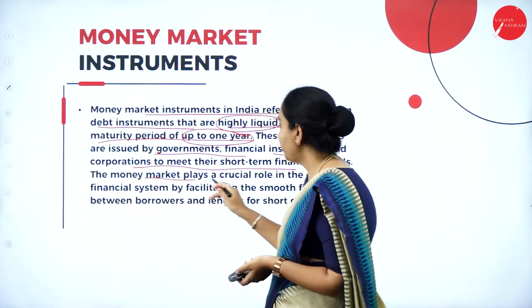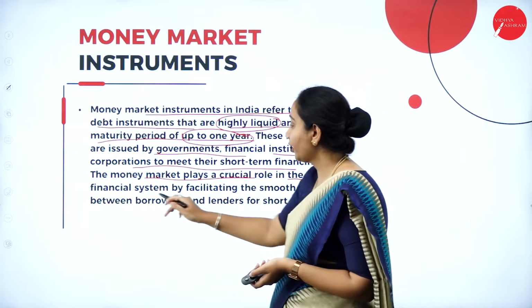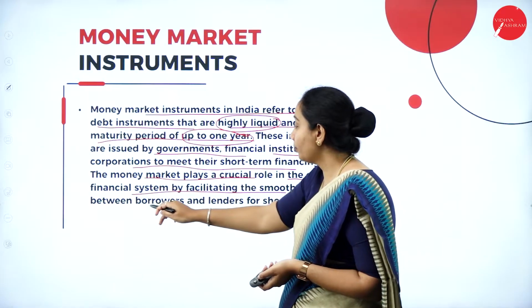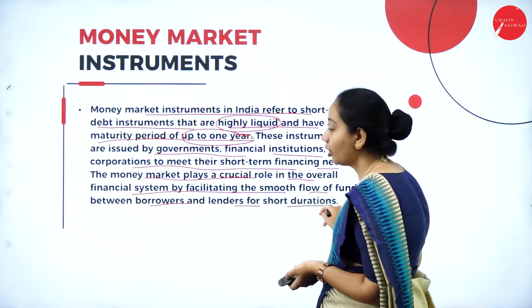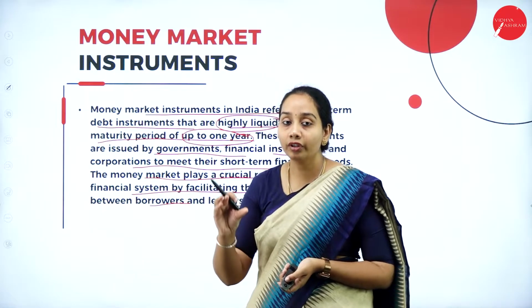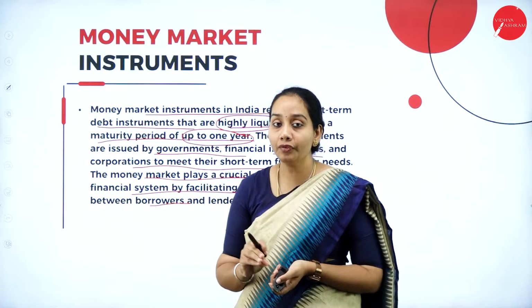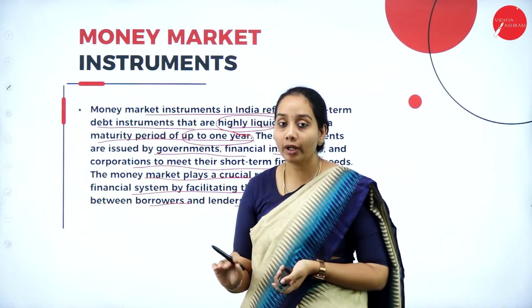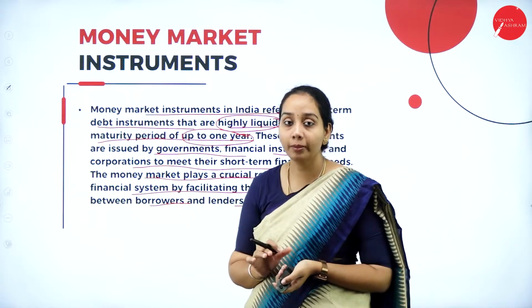The money market plays a crucial role in the overall financial system by facilitating the smooth flow of funds between borrowers and lenders for a short duration. It is only for the fulfillment of short-term goals or short-term financial needs of any kind of company. So this is the basic meaning of money market instruments.